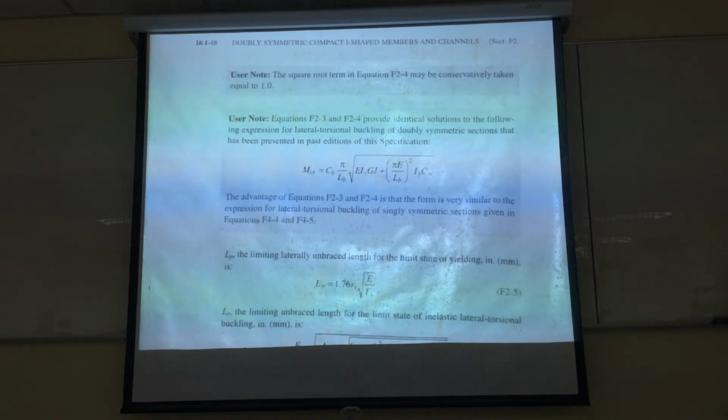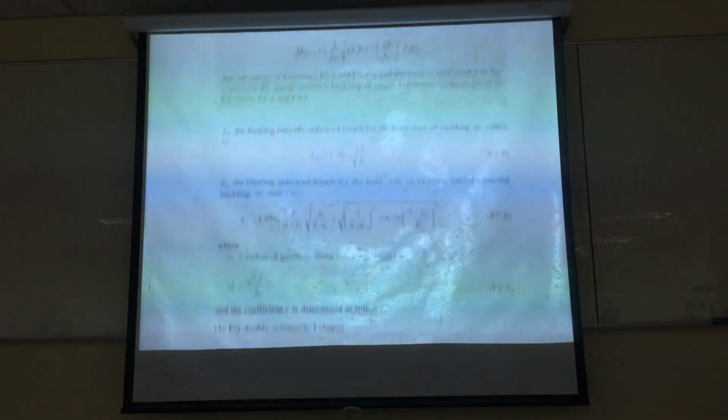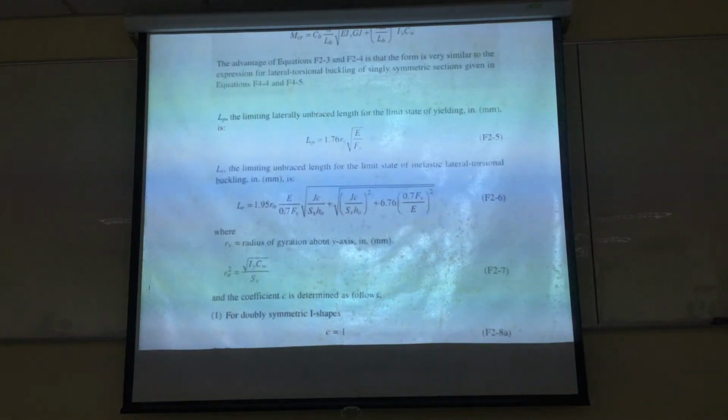Now you will find the LP and LR. So the LP is the first one that controls that your column will not have any sort of lateral buckling. Okay, so it's over there.